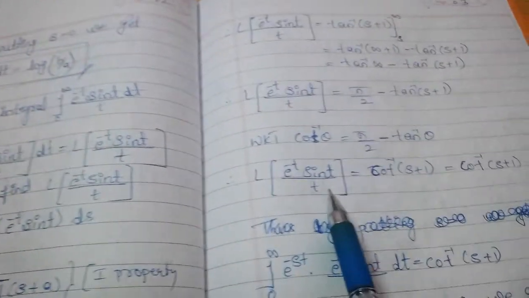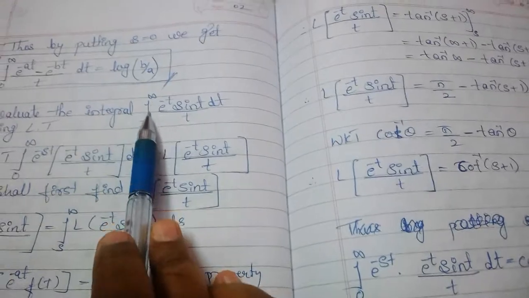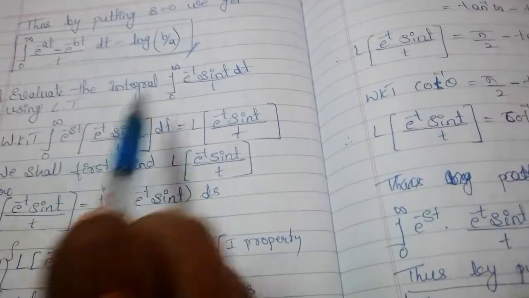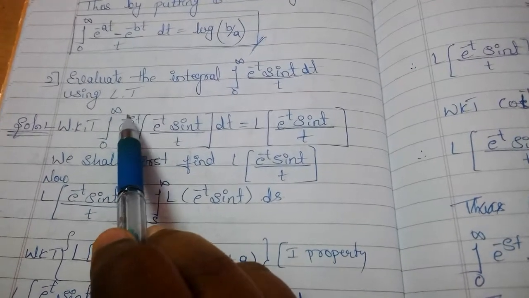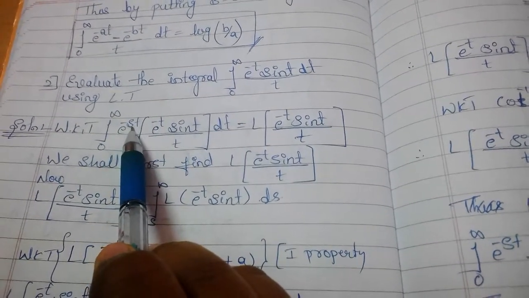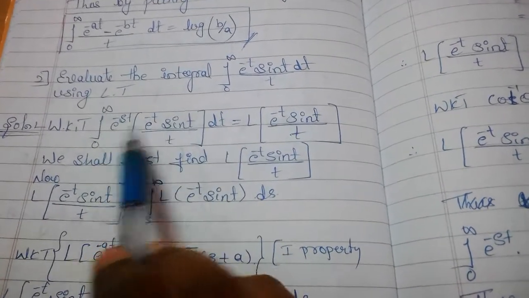Next we have to find this integral value: integration from 0 to infinity. Here also, according to the definition, e raised to minus st. Therefore we have to take s as 0 to get this integral value.